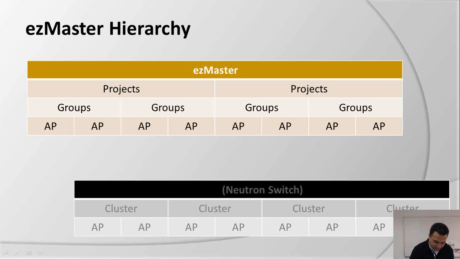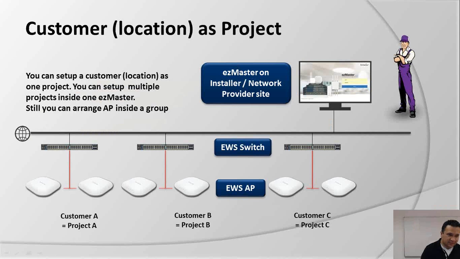Let me just show you with this slide what I'm trying to say here. You can set up a customer location as one project, and you can set up multiple projects inside one ezMaster, and still you can arrange access points inside a group.